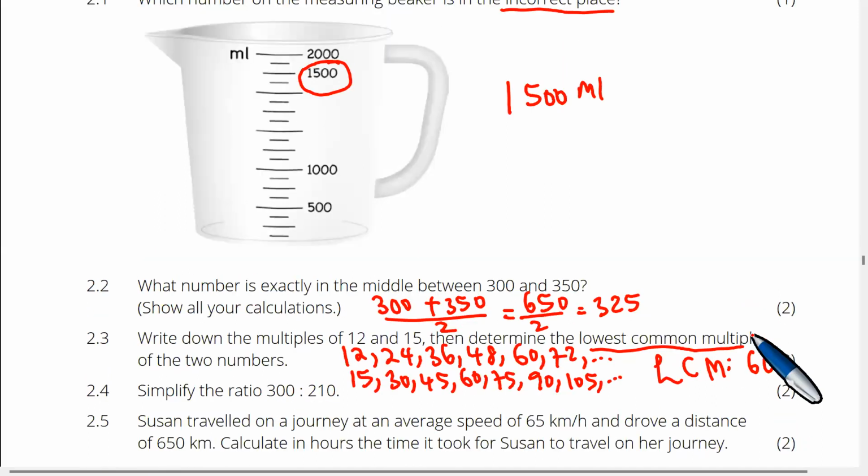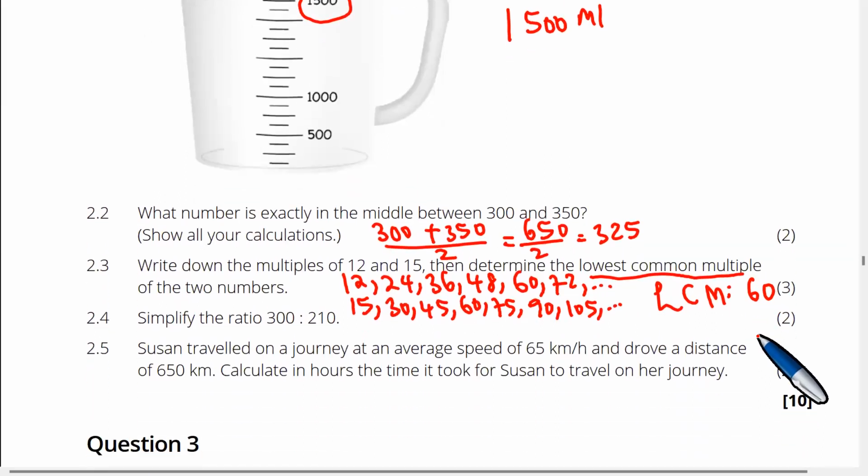Okay, we continue right now. Simplify the ratio 300 to 210. I'm giving you like 2 minutes. It's 2 marks.